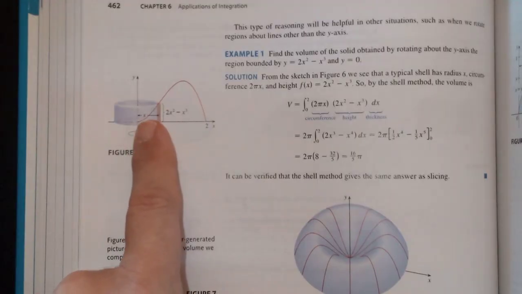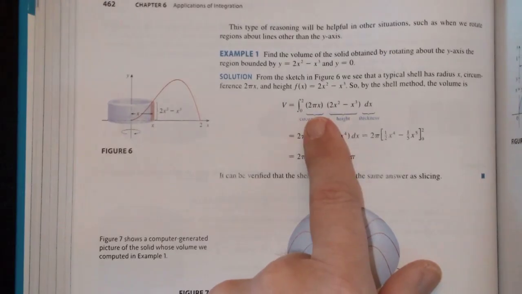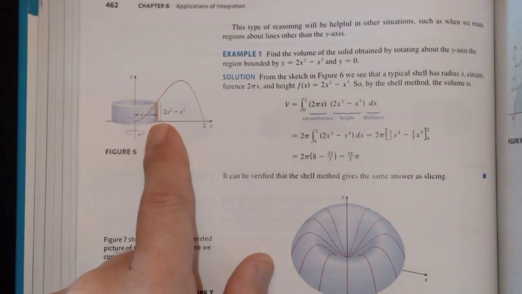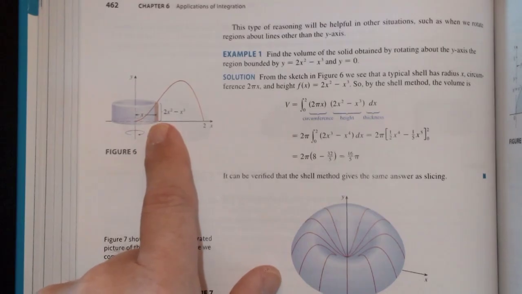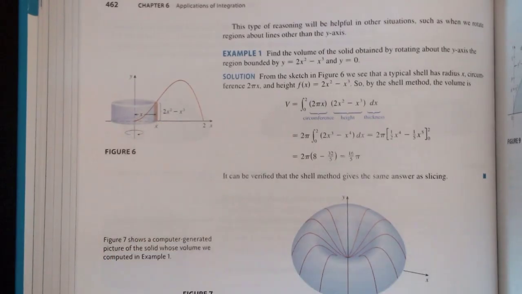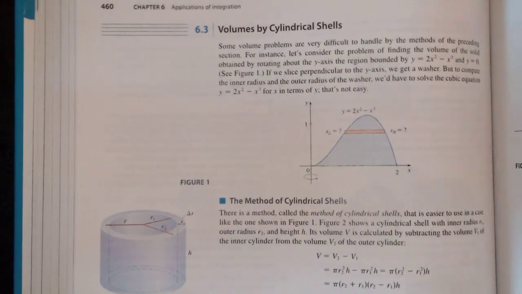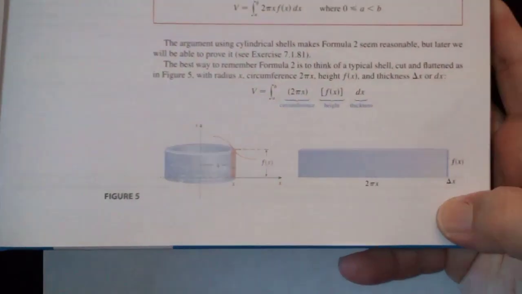Here's a sample cylinder. We figured out the volume, go around the body. There's my height. There's my thickness. You'll notice they actually drew the little rectangle instead of drawing just a stick, so you can see the dx better. And when we unroll the slab, we see the thickness here as well.